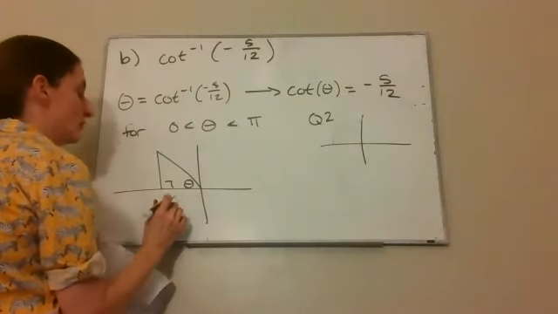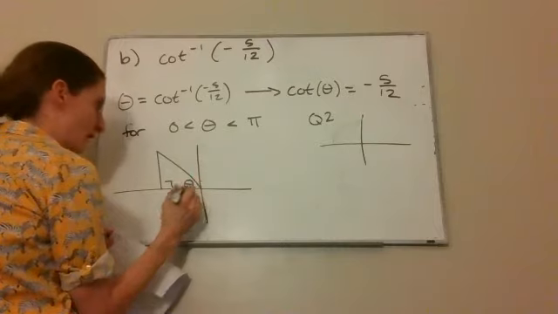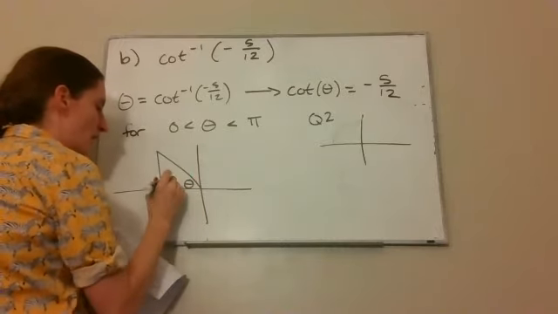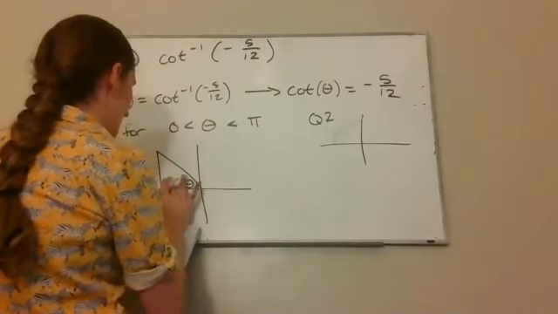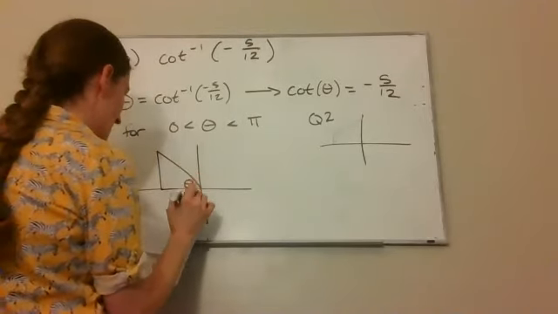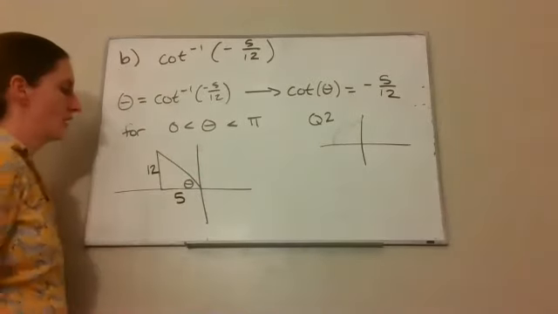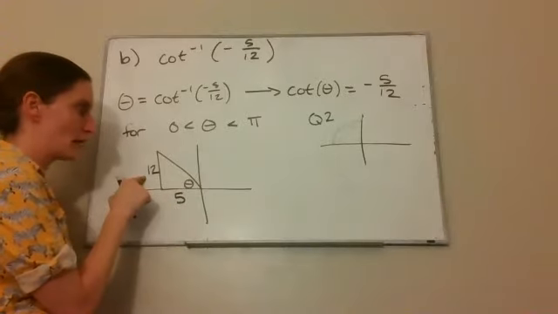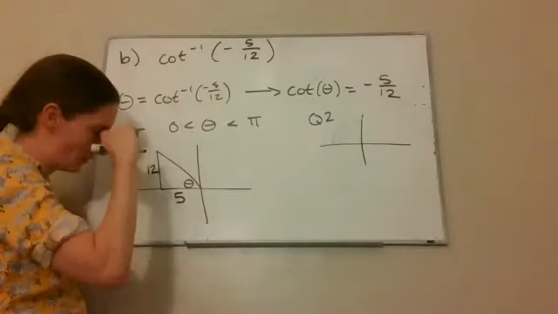Then I can do cotangent is going to be adjacent over the opposite. And tangent is opposite over adjacent. Either way, I have 5 down here, the adjacent, 12 over here is the opposite. You can think of this 5 as -5. That's where that negative comes in.